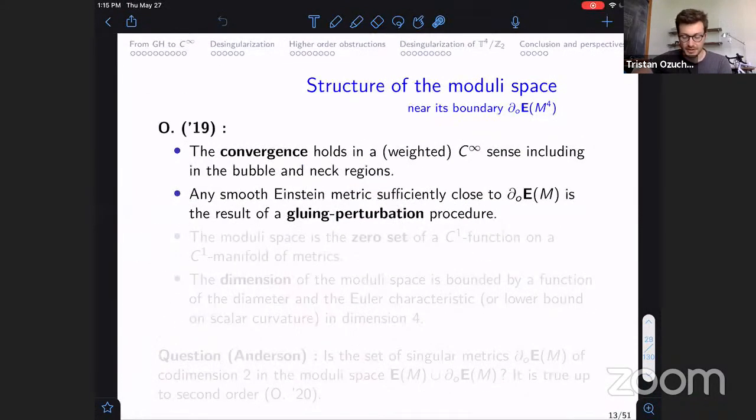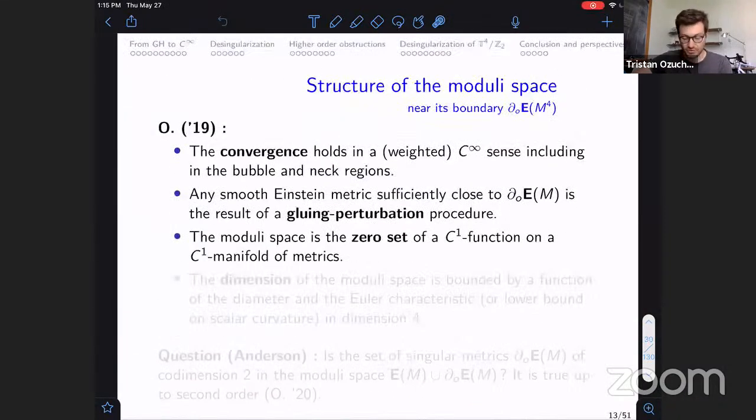This weighted norm motivates a gluing perturbation problem: trying to glue all of these Ricci-flat ALE metrics to the orbifold singularities and see if the perturbation makes sense as an Einstein metric. That's the second result: any Einstein metric close to an Einstein orbifold is the result of a gluing perturbation.